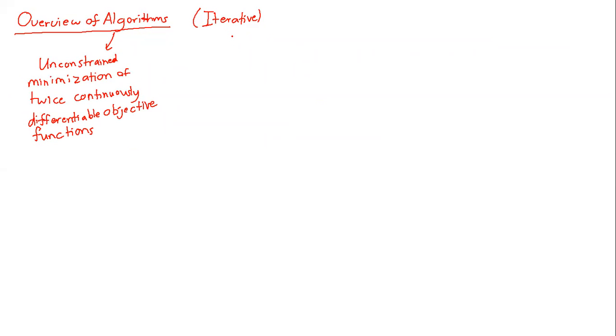Because these algorithms are iterative, the basic way they work is that you start with a guess of the optimal values of the decision variables.